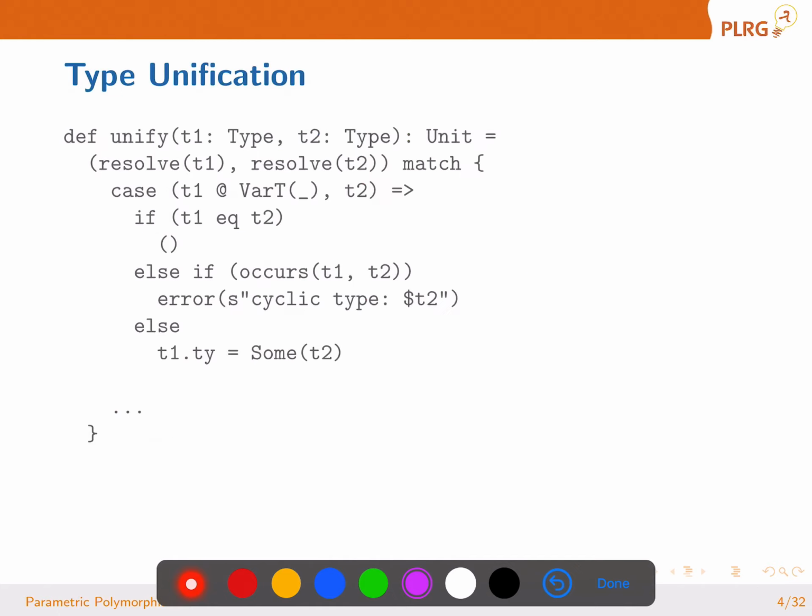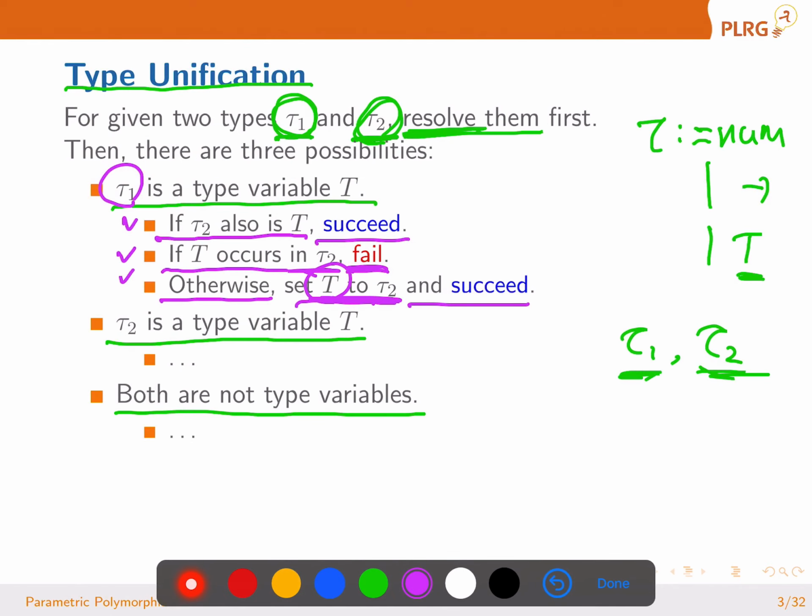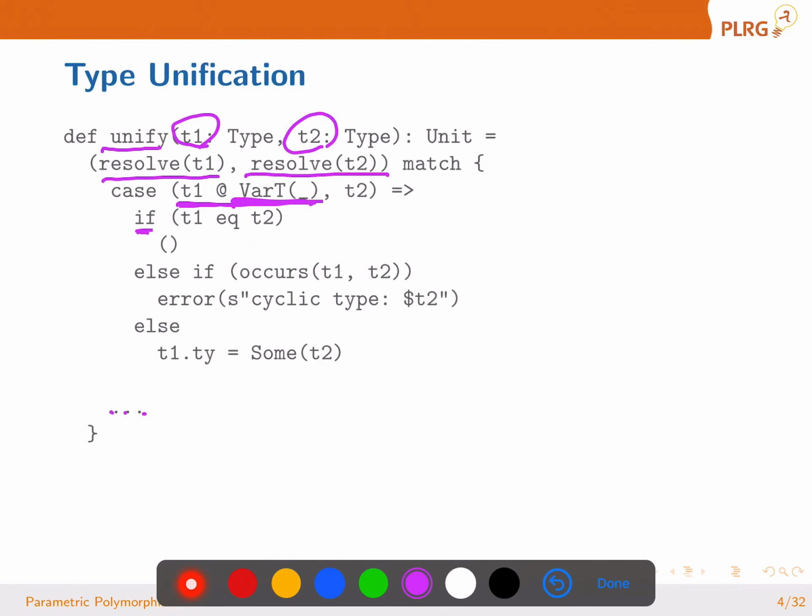Right? How did we implement that? This unify function takes two types, t1 and t2, and then let's resolve, simplify them. And when the first one is a type variable, that's the first case. The other two cases are this. When tau1 is a type variable, then let's check. There were three sub-cases. The first case, when tau1 and tau2 are already the same, we are done, succeed.